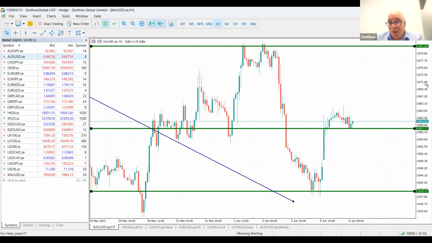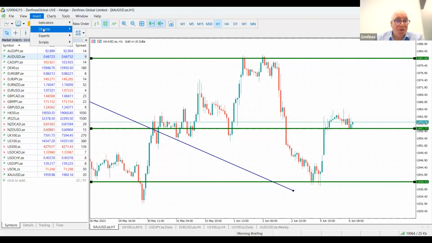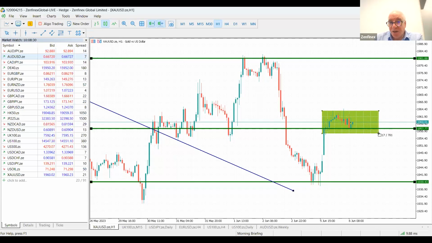So if we wanted to play this as being a target here, let me put the cursor on. Let me put the object on first. Let me just make sure I've got the right tool, insert objects, rectangle. So we can see here, we're stuck in a bit of a range from an hourly perspective.